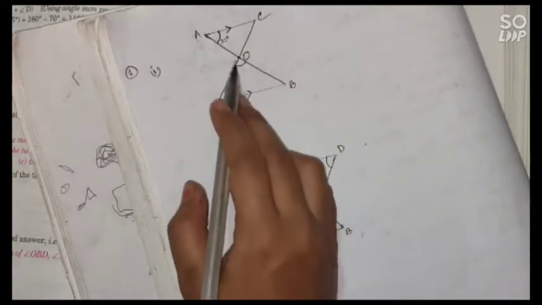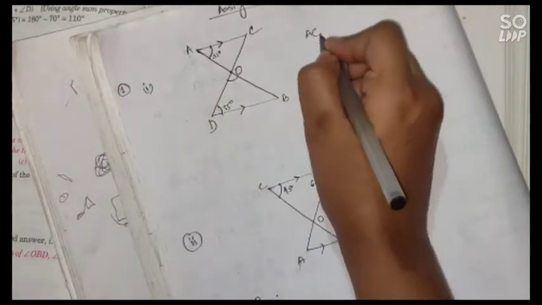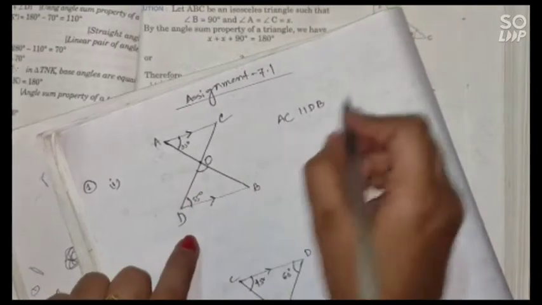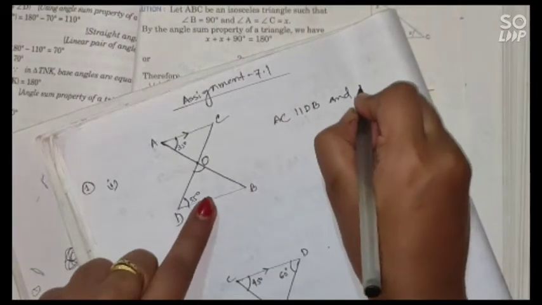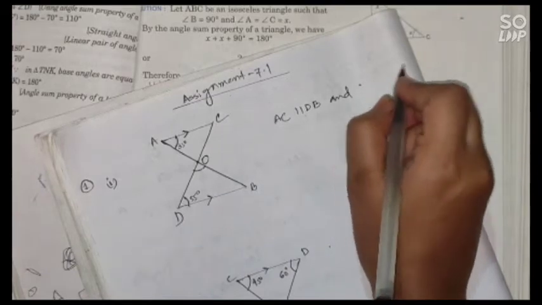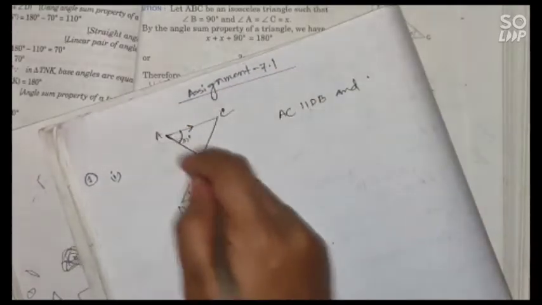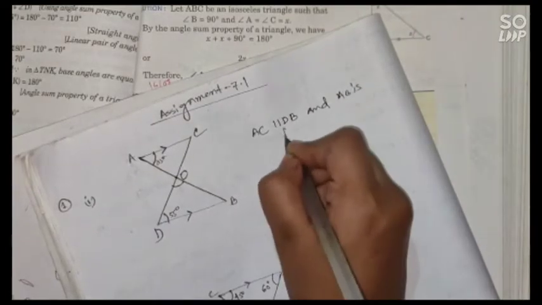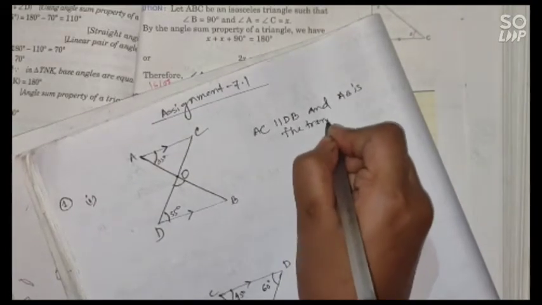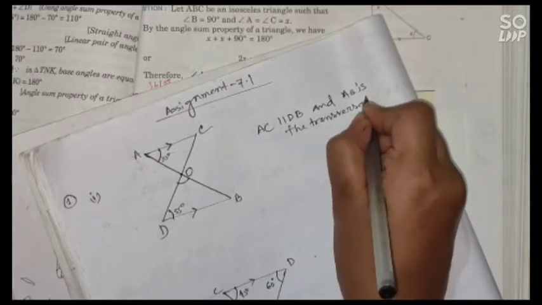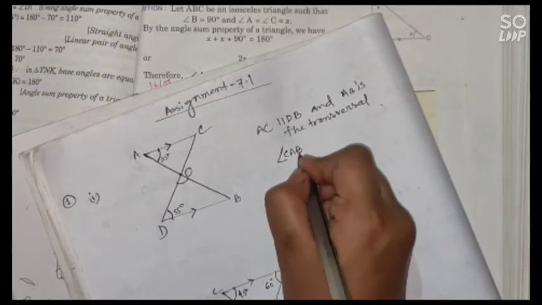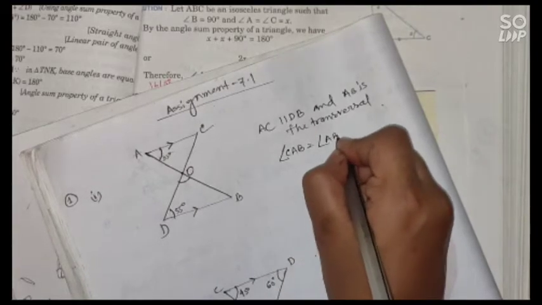Since AC is parallel to DB and AB is the transversal, angle CAB equals angle ABD.